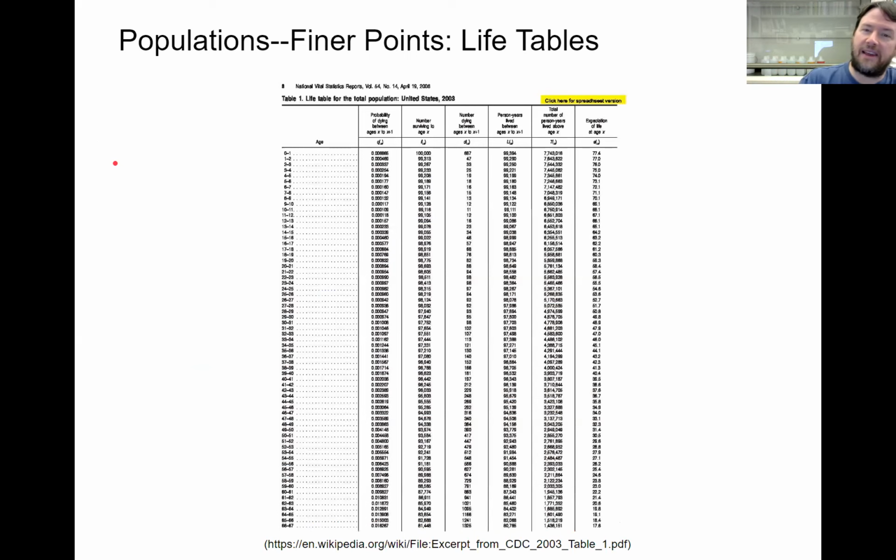Okay, the other thing to think about with these population statistics is you can create a life table, which is basically, for any age class, what's the chance of dying or surviving to the next age class, right? So you can do this in a really fine-grained way, like 0 to 1, 1 to 2, and so on. And the life insurance actuaries really love to obsess about these, and the retirement planning, Social Security and PERS and all that.